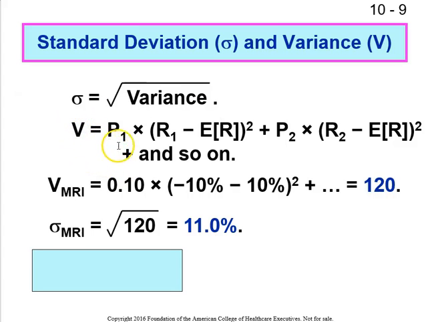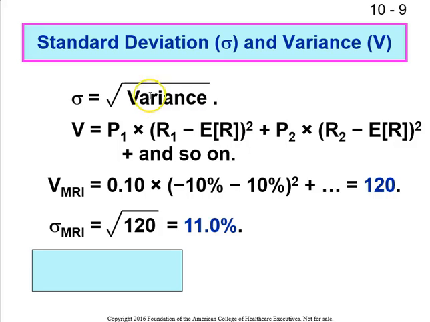The variance is simply the probability of event one times the product of what's going to happen in here, which is simply taking the return minus the expected rate of return that you've already calculated in B or in A. You've already calculated that expected rate of return, and then you're going to square what you get with this product right here, and multiply that times the probability. You're going to do each one of those individually. Then you're going to add them all up, and that's going to get you the variance.